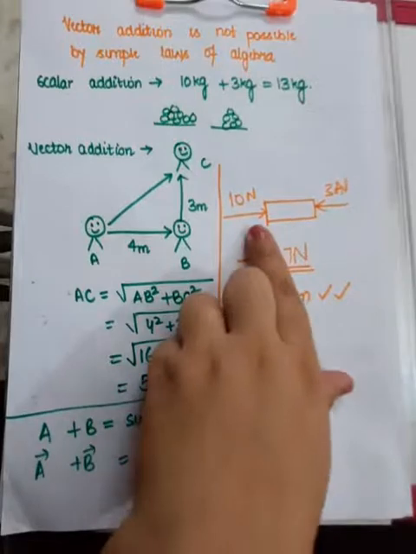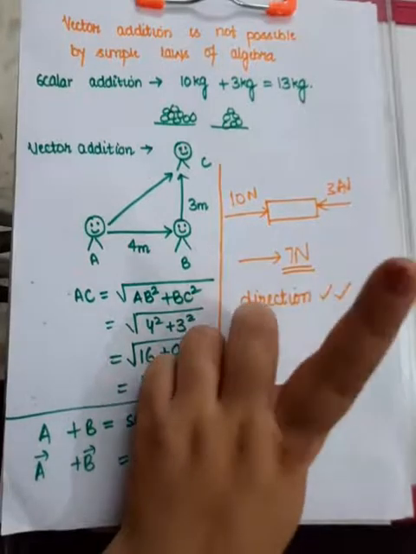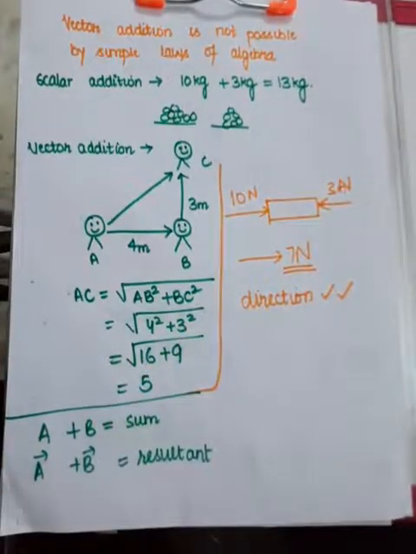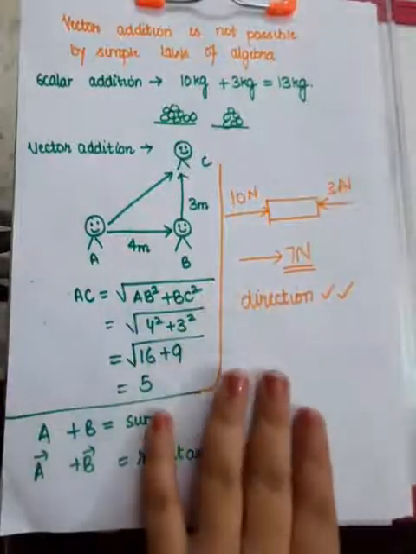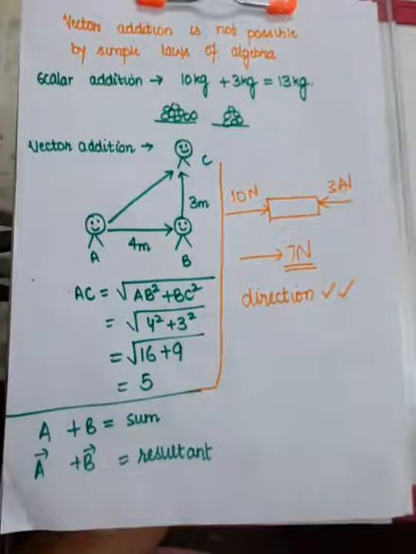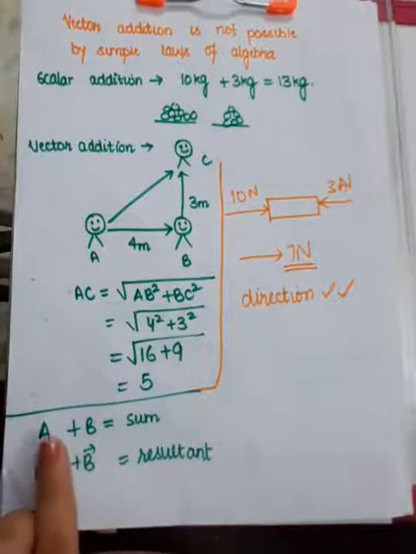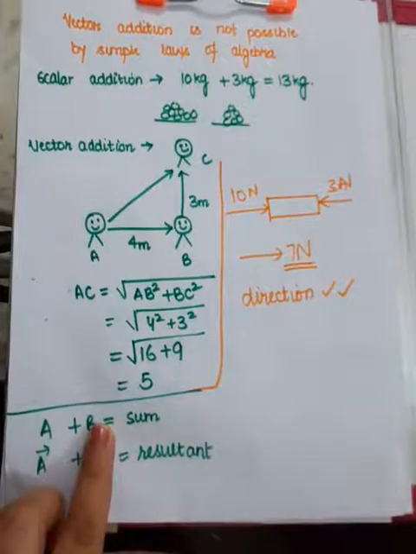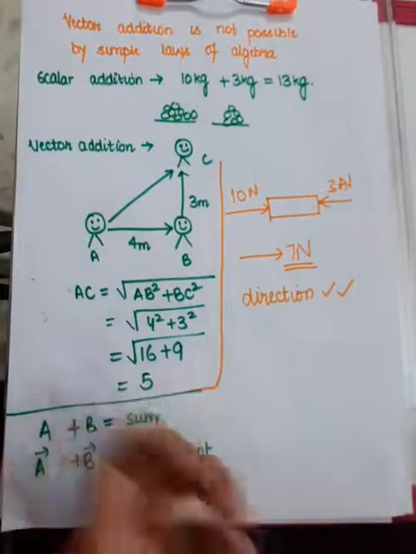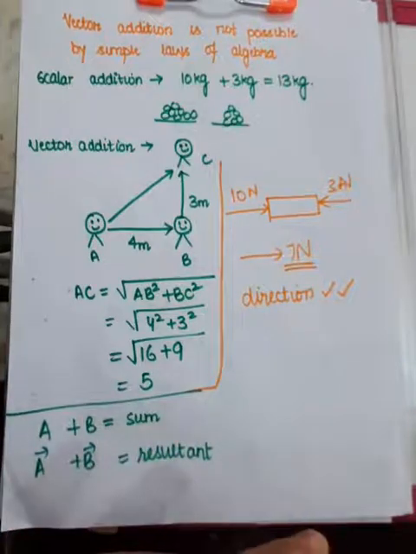And the resultant force is 7 newtons. If someone asks me to find out the overall effect, that will be 7 newtons. So before adding vectors, you need to know the direction, because direction matters a lot in case of vectors.